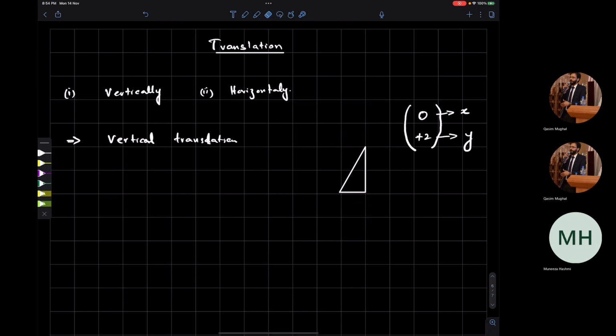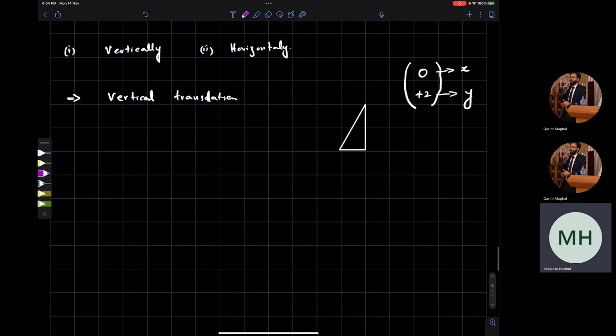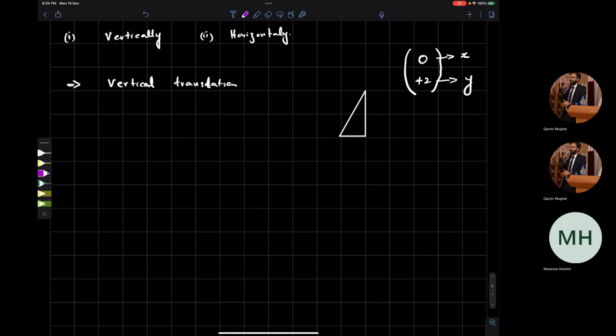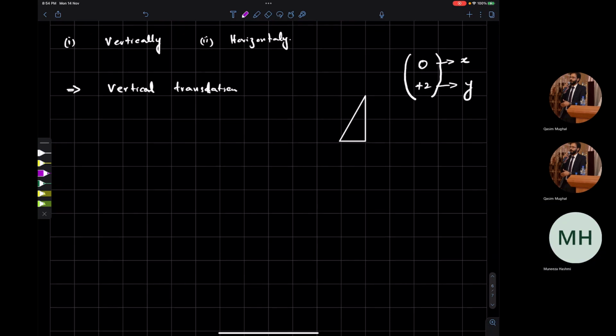So that's the vertical movement, known as the vertical translation. But how do we do it with the graphs here? First of all, because we're doing the vertical translation, you have two options. Either you're going to take the graph up or you can take the graph down. If you want to take the graph up, what is going to happen with the function?